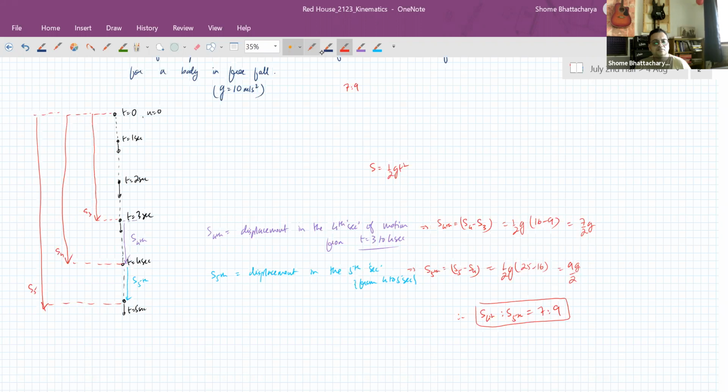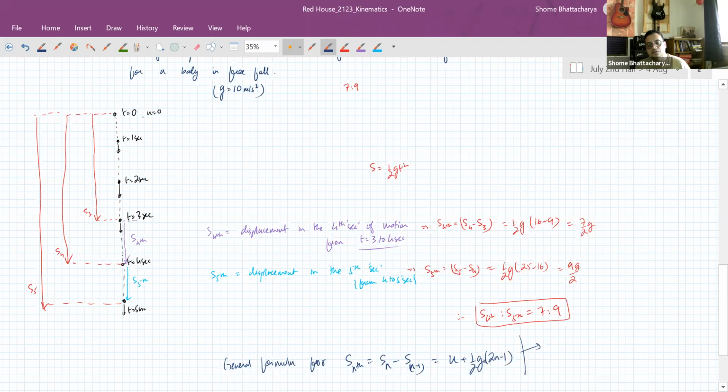Or if you remember, last time we had written a general formula also for displacement in the nth second. That is the difference of displacements in n seconds minus n minus 1 seconds. That was u plus half a into 2n minus 1.